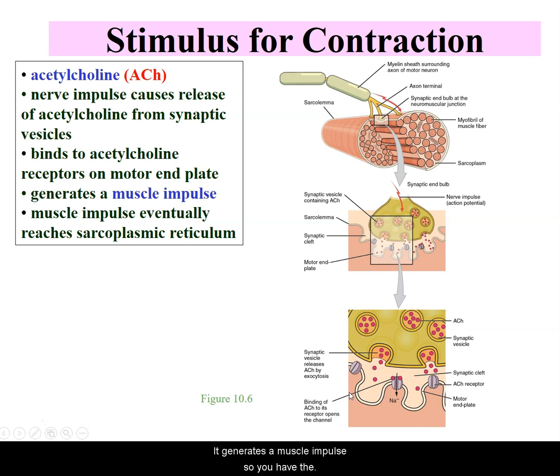So you have acetylcholine binding to these acetylcholine receptors, and it allows sodium to rush in and change the polarity of this membrane so that you can have an action potential. The muscle impulse actually reaches the sarcoplasmic reticulum, where things continue to happen, and it can lead up to an action potential.